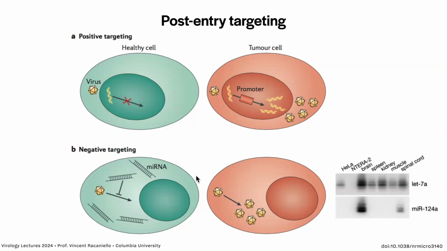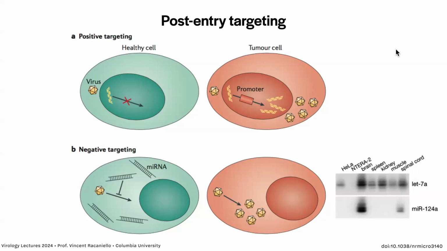We can also do negative targeting, which means we put a sequence into the vector that's the target of a microRNA found in normal cells. And the microRNA is not present in tumor cells. We can identify such microRNAs by simply doing northerns, looking at RNAs from various cells.